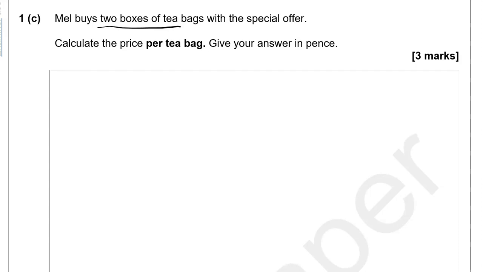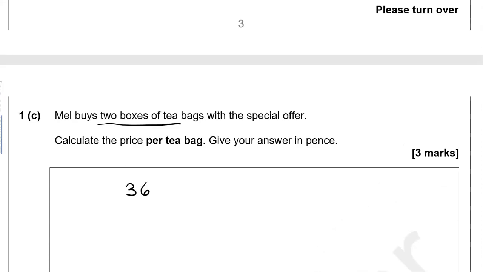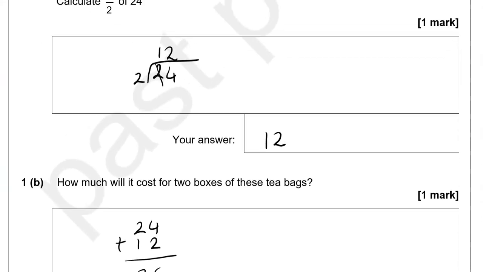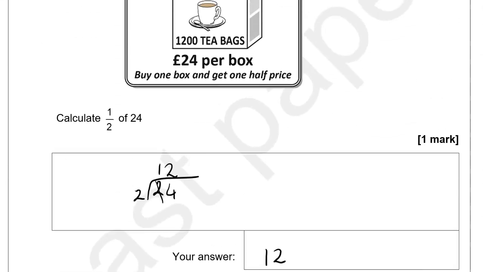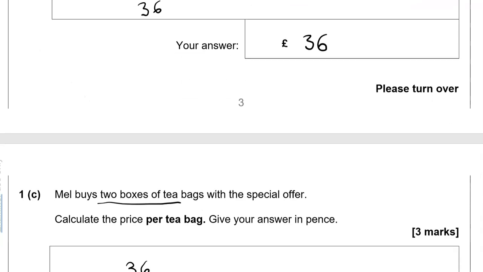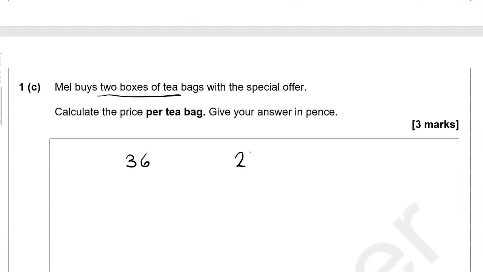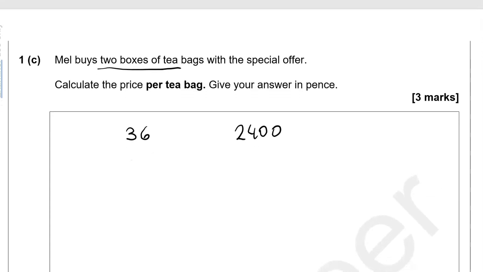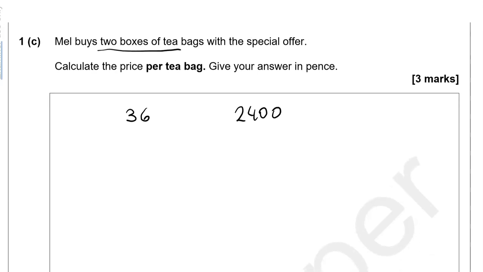The cost was 36, and there were 1,200 tea bags in one box, so in 2 of them, there will be 2,400. So what we're going to do now is divide 36 by 2,400 to find the cost for one tea bag.